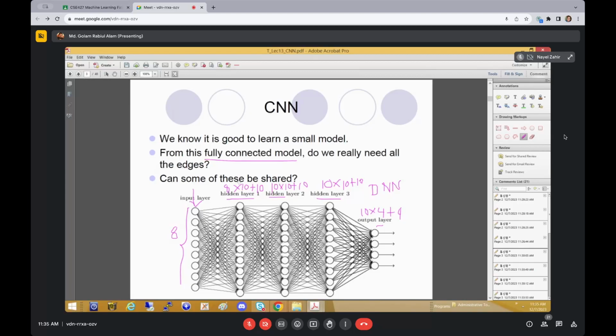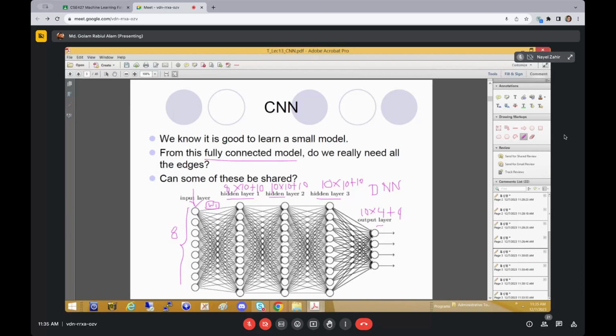So the consideration here is, can some of these be shared? Currently in deep neural network architecture, no weight is shared. If we consider this weight as W1, this weight is used only here.